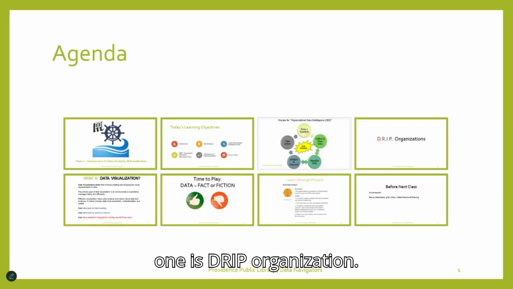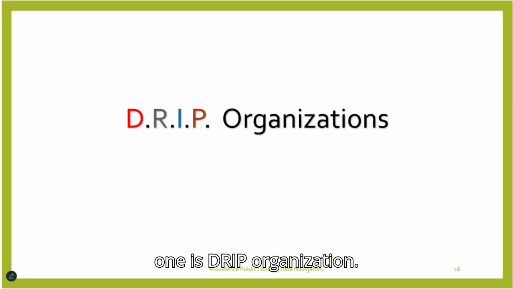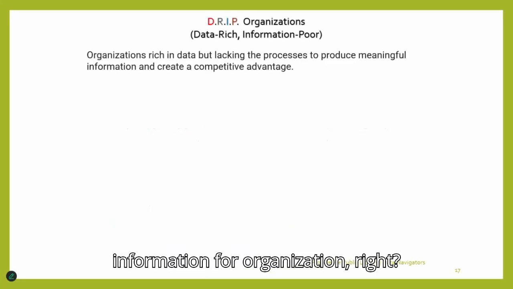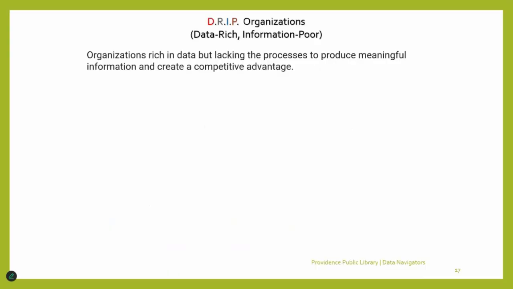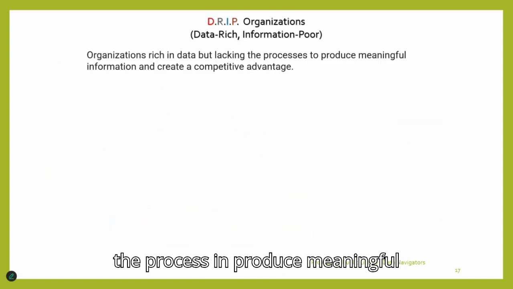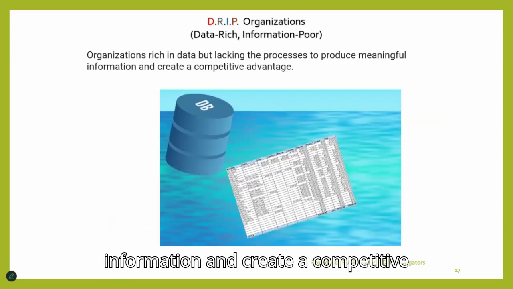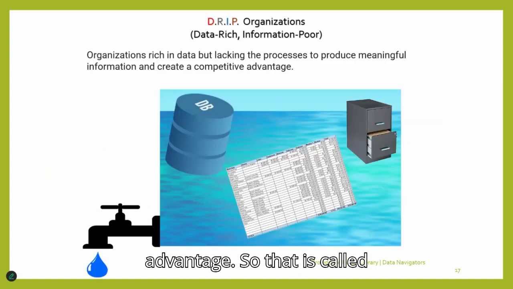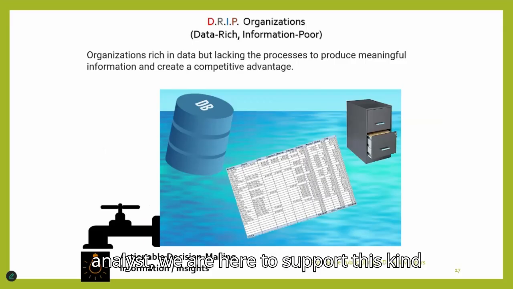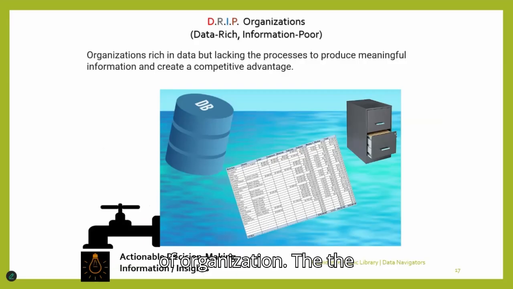The next one is the DRIP organization. I said data rich, information poor organization, right? An organization rich in data but lacking the process to produce meaningful information and create a competitive advantage. That is called a DRIP organization. As a data analyst, we are here to support this kind of organization.